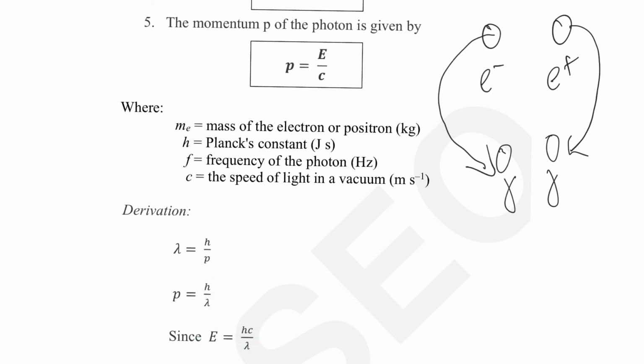So if you rearrange this equation, you get h over lambda equals E over c. And h over lambda is p. So substituting h over lambda as p, you get p equals E over c. They didn't ask you to derive it, but if you wanted to know how, this is how. But this equation is the one they want you to remember.